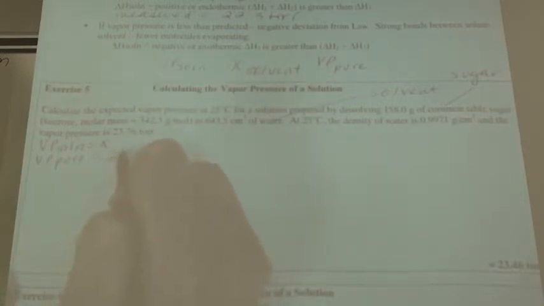So we're ready to go. The vapor pressure of the solution is our unknown. The vapor pressure of the pure solvent at that temperature is equal to 23.76 torr. I guess we need to know the mole fraction of the solvent.